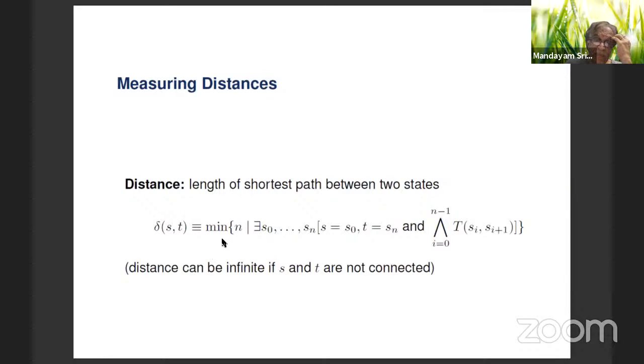For any two states S and T, the distance between those two states is defined as the shortest path between them. Of course, if T is not reachable from S, if they're not connected, then the distance is considered to be infinite.